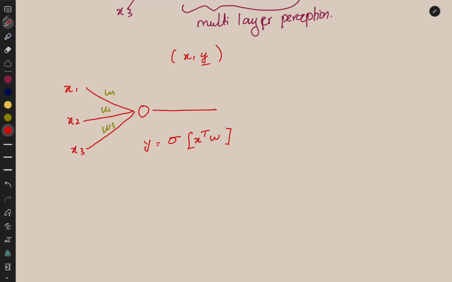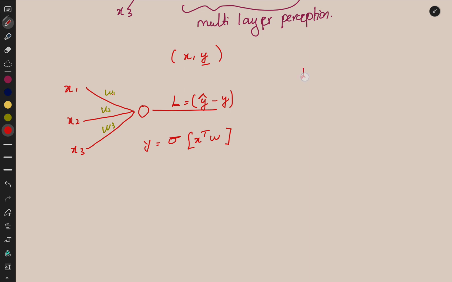Right now, consider that this is some function we are getting, and then we are predicting Y. So this is the predicted Y, and this is the actual Y. This is the loss. By comparing them with this loss function, we will update the weights w1, w2, w3.